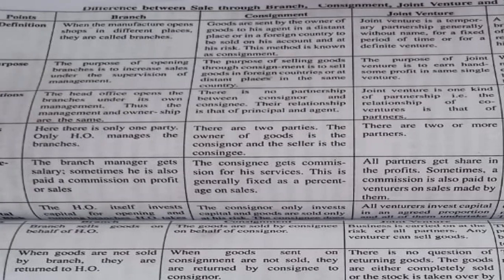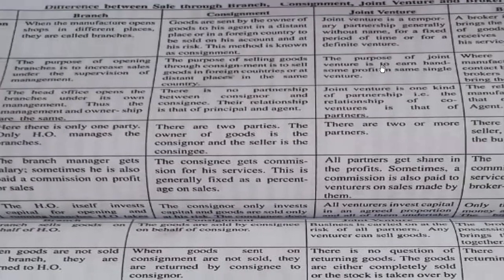Means basically its motive is to sell the goods in a different area without any investment. In joint venture, the purpose is to earn handsome profit in some single venture. Means it is basically created for the profit.